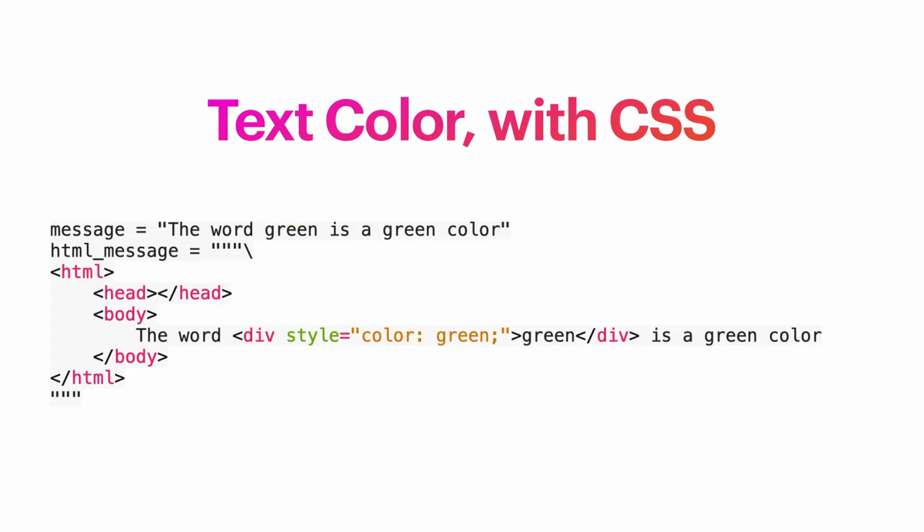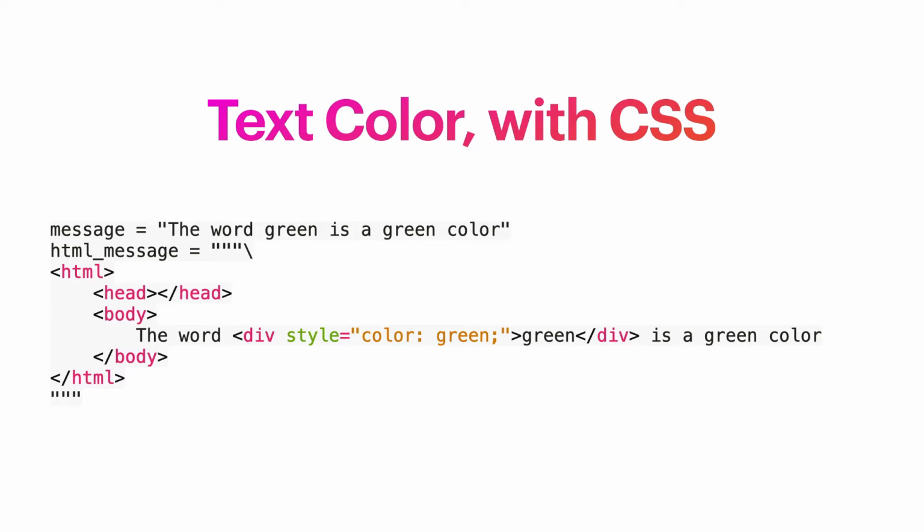Next, we can change the text color in our emails by creating a message variable, and this is the more complex part, I would say. You create an HTML message variable and you have to set it equal to a multi-line string in Python.